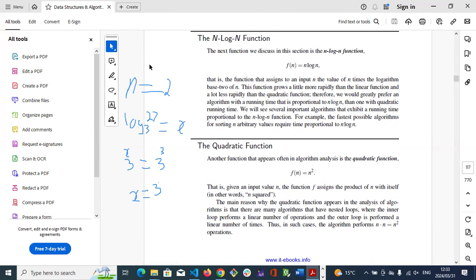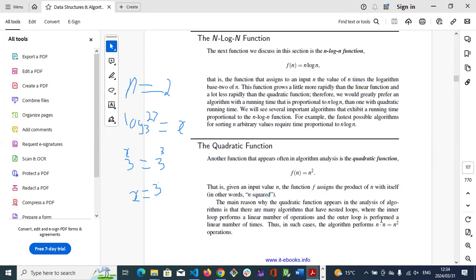So you run the first loop as a linear function, and then inside it another linear function. That means you get n times n, which is n squared. The function f of n assigns the product of n with itself, which is n squared.